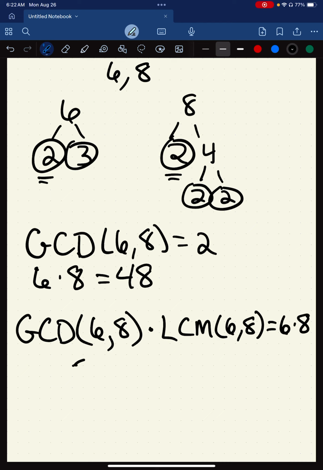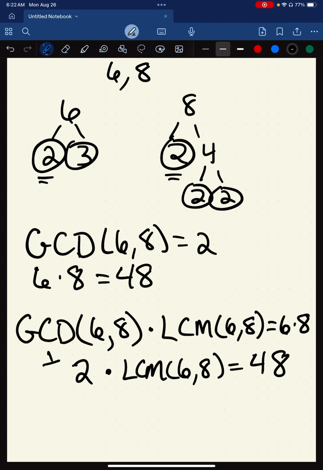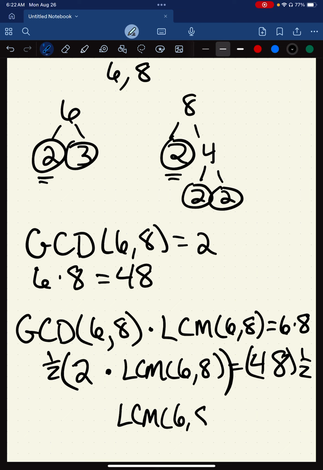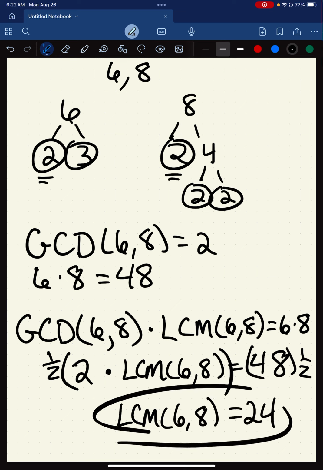So we have 2 times the least common multiple of 6 and 8 is 48. Multiply both sides by a half, and you get the least common multiple of 6 and 8 is 24, as before. So just another way you can go about doing it if you know what the greatest common divisor is.